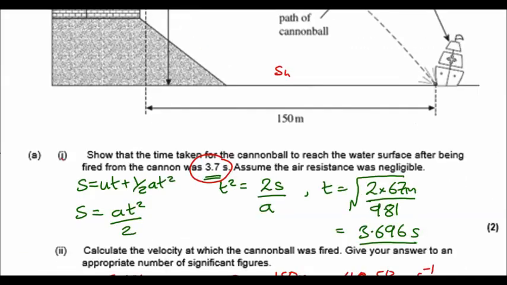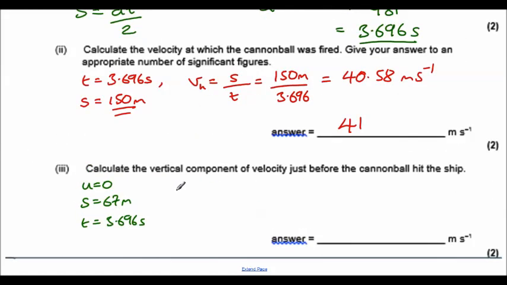Right, going back to that, we can then use a different one of our suvat equations. We can use v equals u plus at, and because u is 0, that simplifies to v equals a multiplied by t. a is equal to g, which is going to be 9.81 meters per second squared.